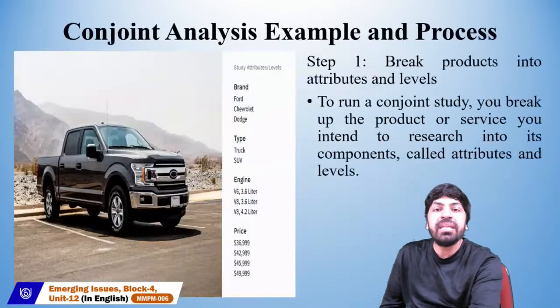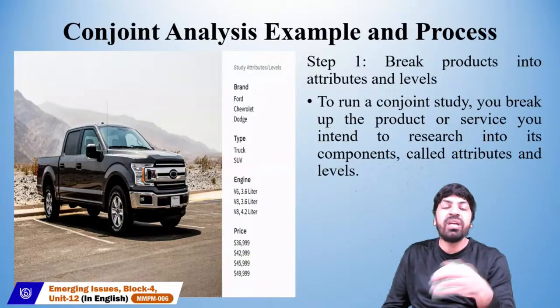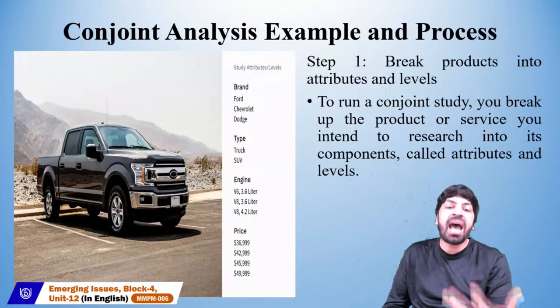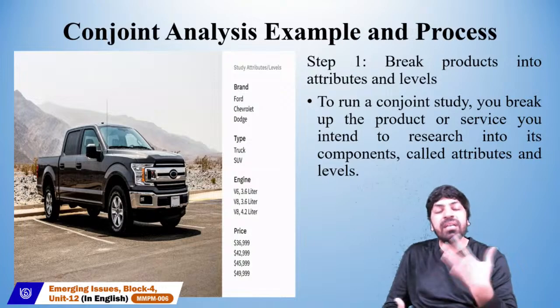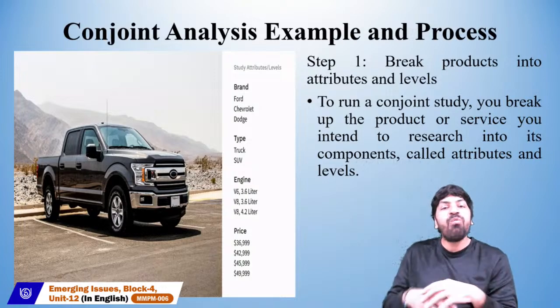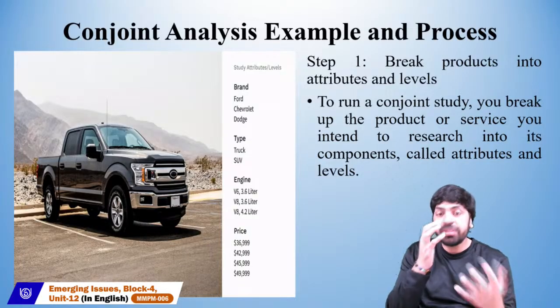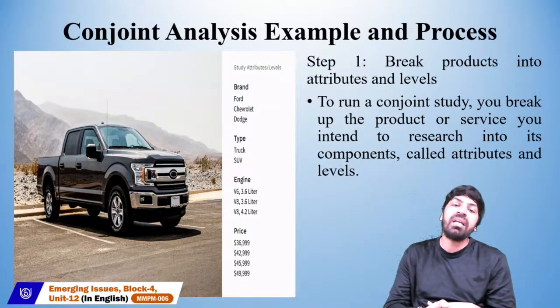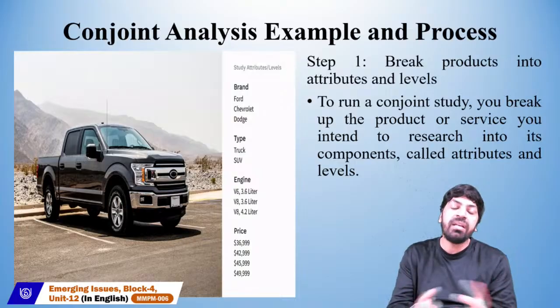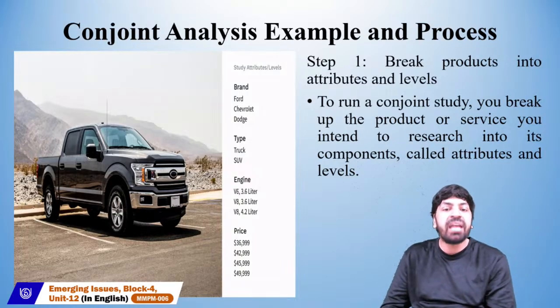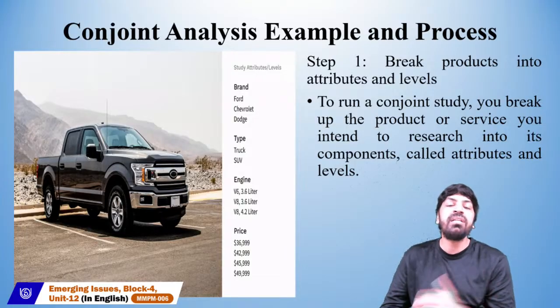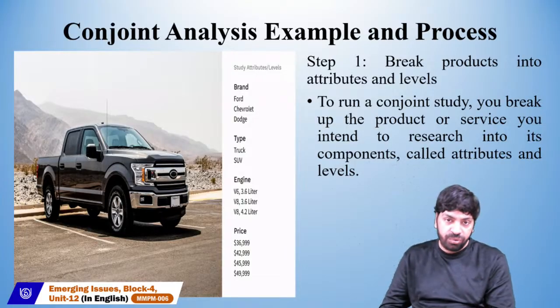If you look at the image, the brand, type, engine, and price are all the attributes, and once we classify these attributes into levels, there are three engine levels we have classified. The price we can categorize into four parts, type into two, brand into three.